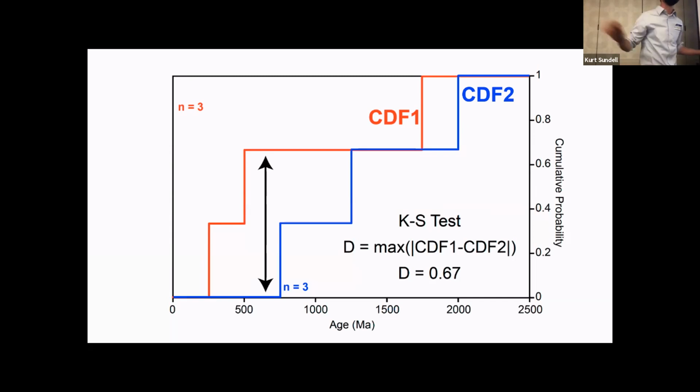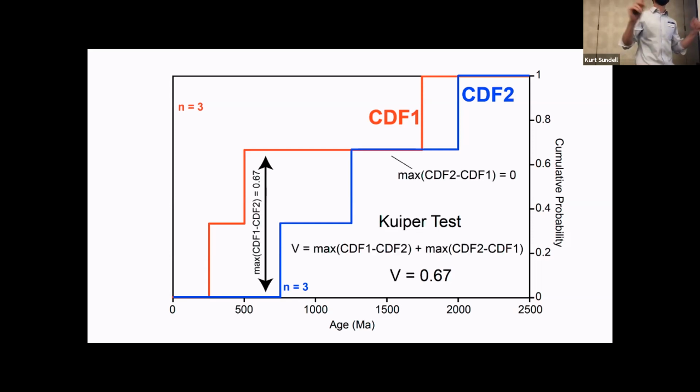But we can talk about those at the end too. The D-value, however, just this general subtraction of one minus the other, tends to work really well. So a D-value looks great. If you see p-values, I would, again, treat it with caution. I'm not trying to call out publications, but they can be very misleading because it's not an assessment of similarity, it's a hypothesis test that's not well suited to detrital geochronology.